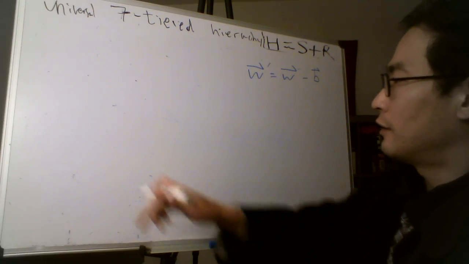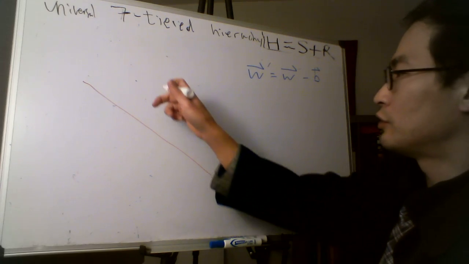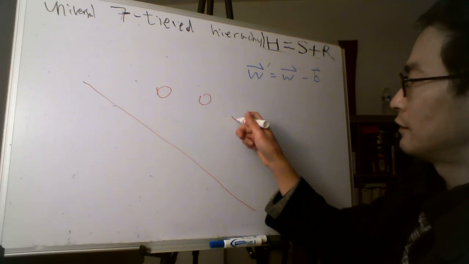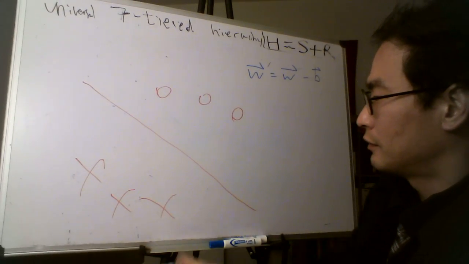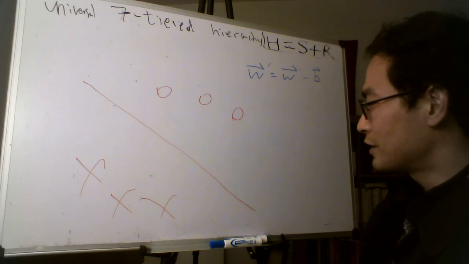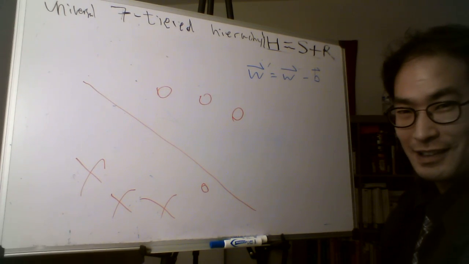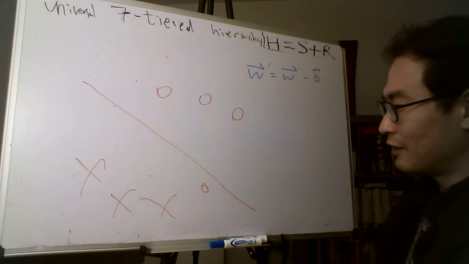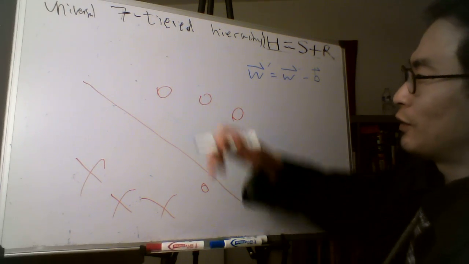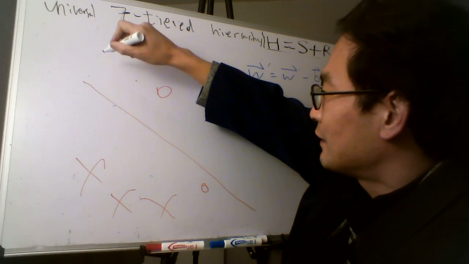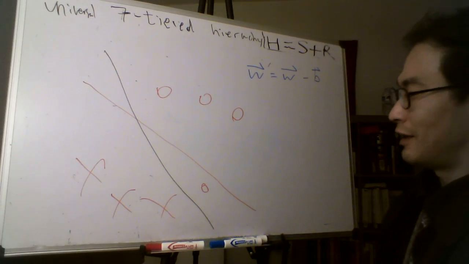Let's say there are all these good guys, bad guys. You misclassified a good guy as a bad guy. Then you have to readjust this borderline so that you include, not exclude, the good guy as a good guy.